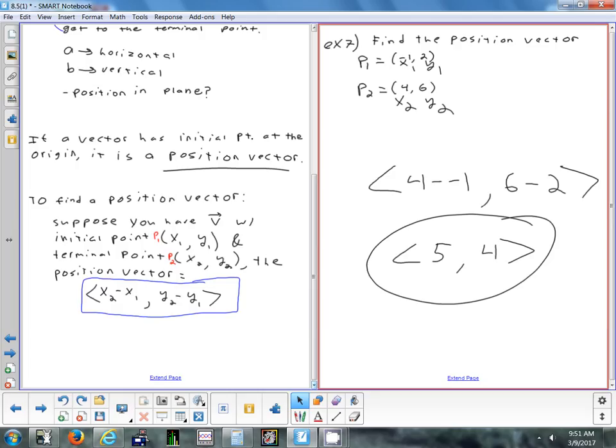Any questions on how I found that position vector? So that means if you wanted to draw this vector and start from the origin, you would start at the origin, go 5 units right, 4 units up, and it would be exactly the same picture as what they gave you to start with, except it would start at the origin.